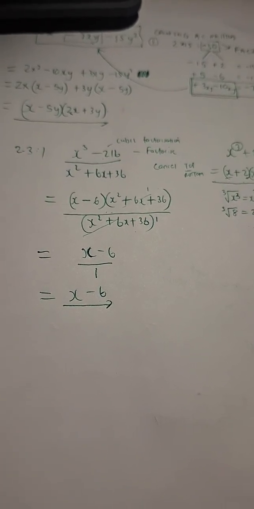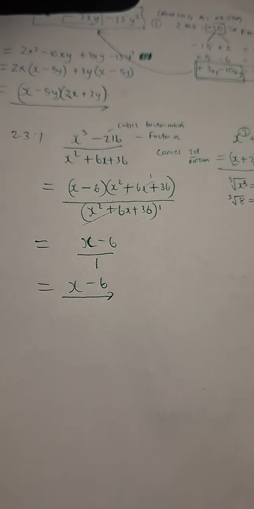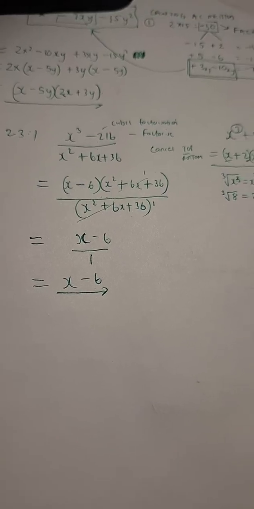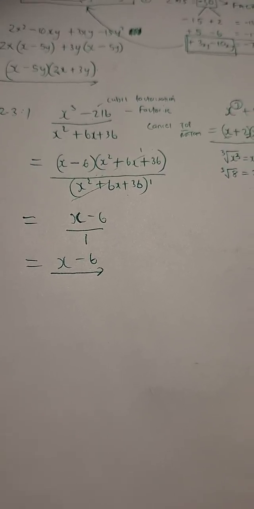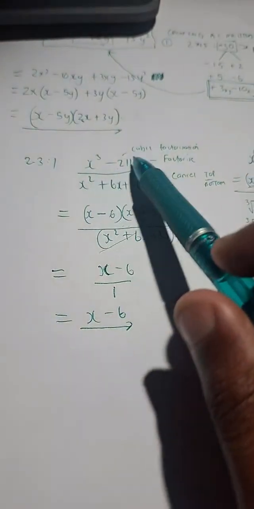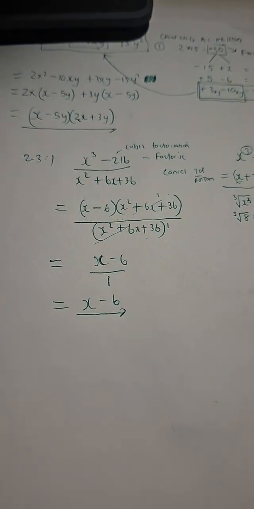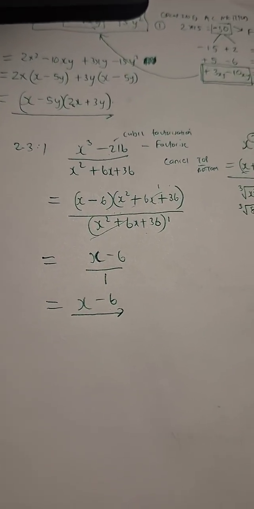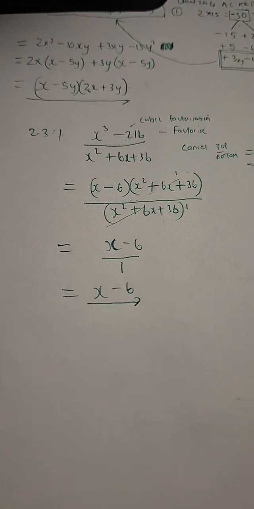Then after factorization, we play the cancel game. We divide and cancel and get the answer. Please guys, it's as straightforward as that. What is needed is your fluency and accuracy in factorization. When that is down, you are good to go.